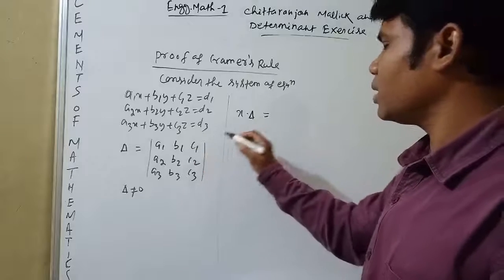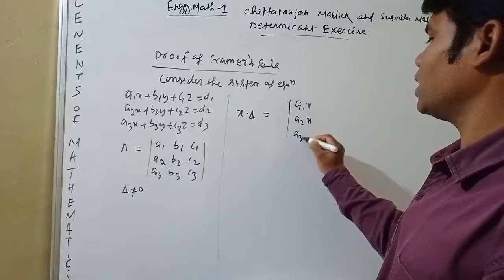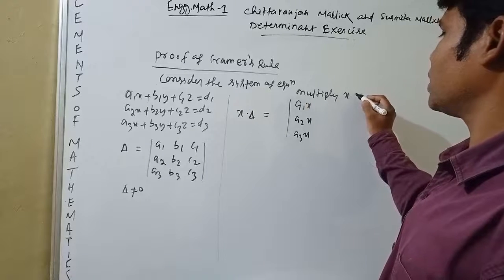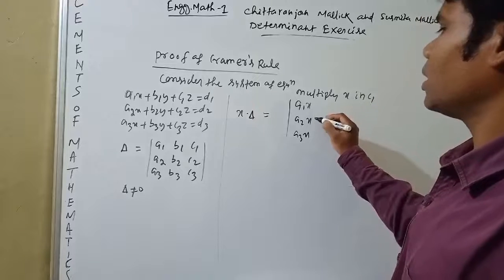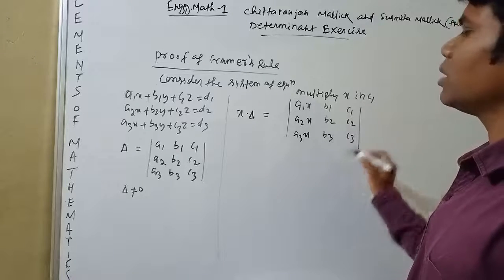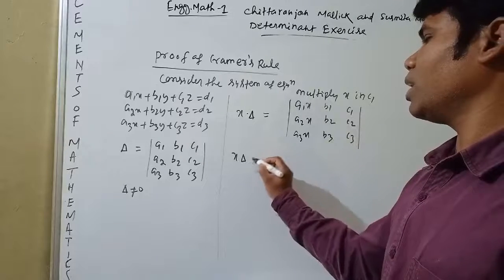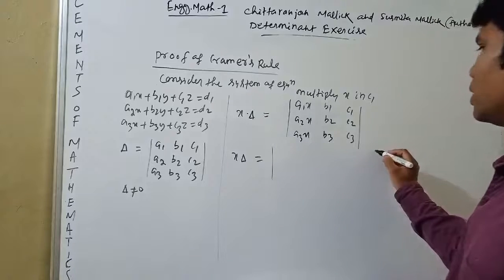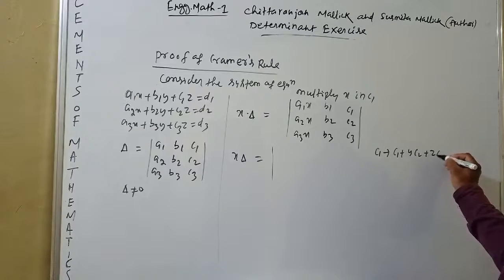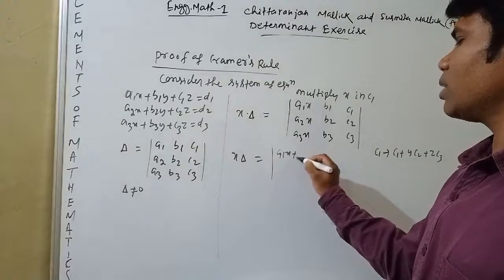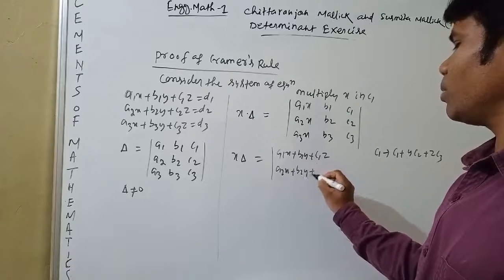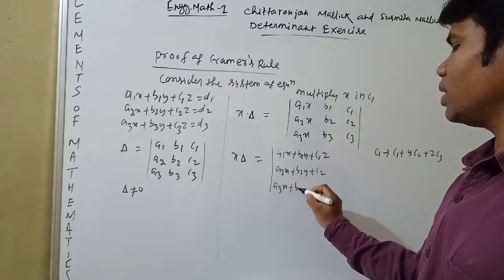You multiply x into the first column. Then x into del is equal to the determinant with the first column transformed by adding y times column 2 and z times column 3, so you get a1x plus b1y plus c1z, a2x plus b2y plus c2z, a3x plus b3y plus c3z, then the second and third columns b1, b2, b3 and c1, c2, c3.